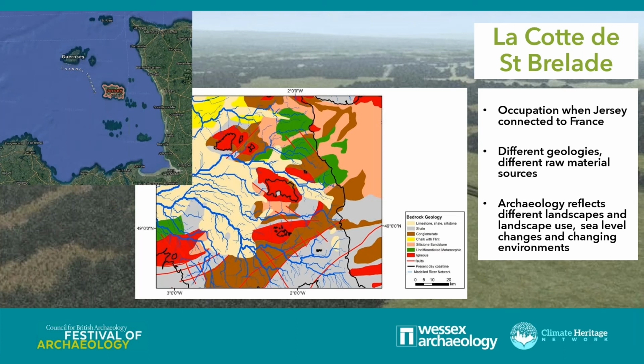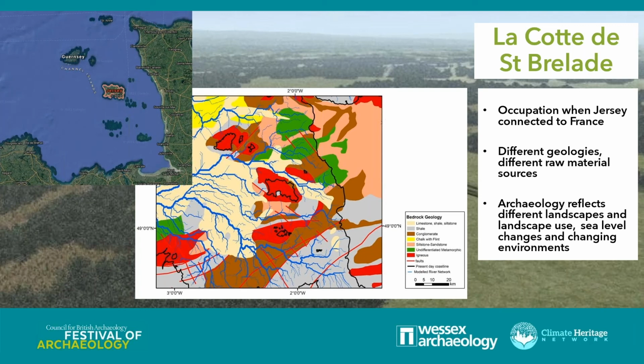So Jersey today is an island. La Cotte is on this island, but all the archaeology we're talking about relates to periods when Jersey was not an island, when sea levels were lower. The interesting thing about it is that, because it's in an area of variable geology, the geology is quite different in different parts of the offshore landscape around Jersey and the Channel Islands. That can be tied into the different raw materials we find from the site.